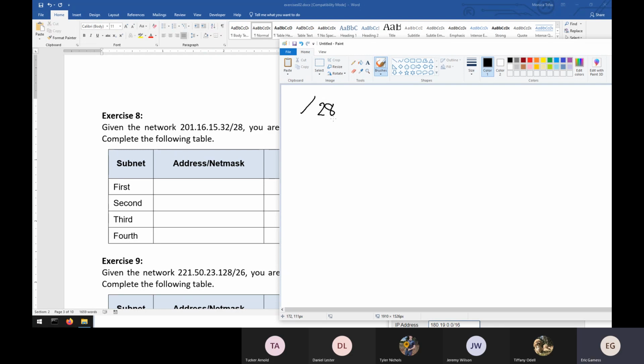To do 4 subnets, I need to borrow 2 bits. So the subnet mask, 28 plus 2, will be 30. 30 in dotted decimal notation is 255.255.255.252. What will be the magic number?